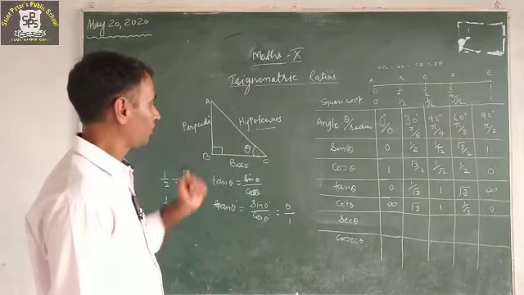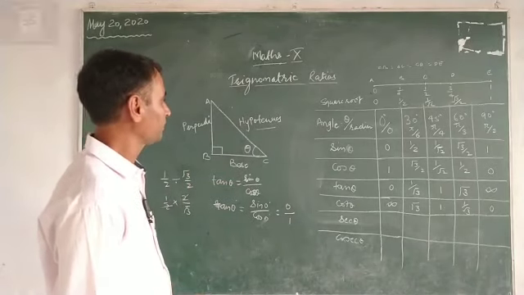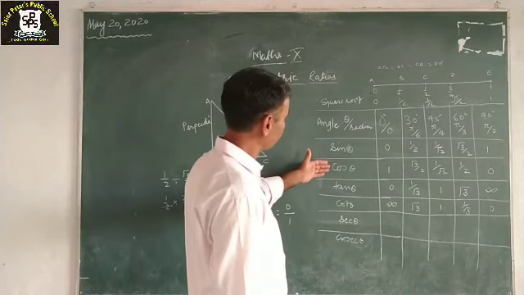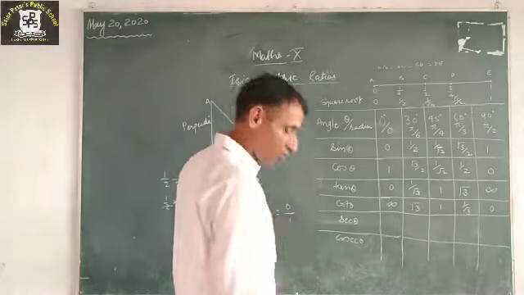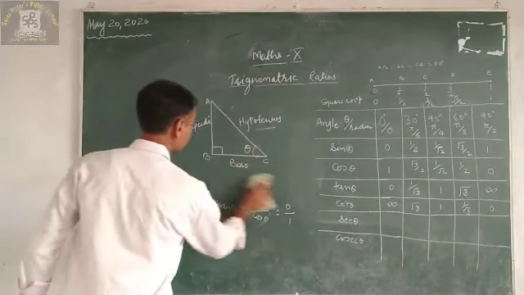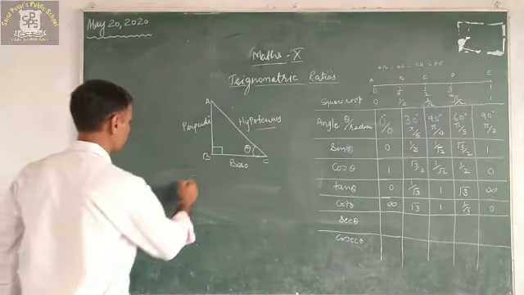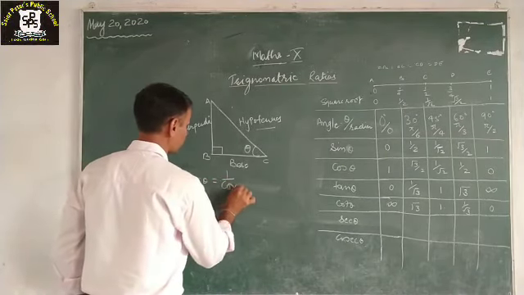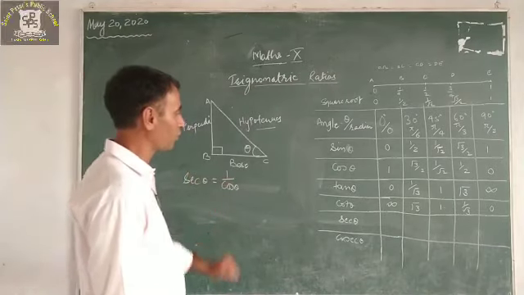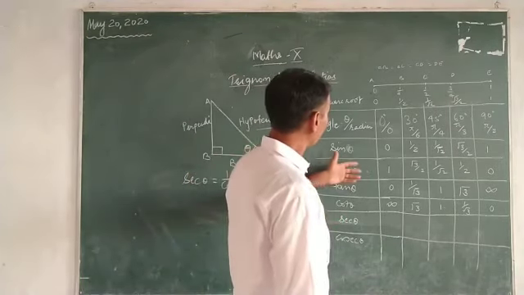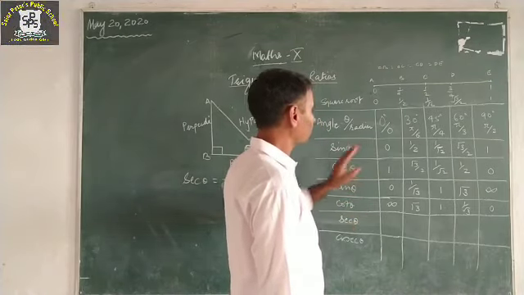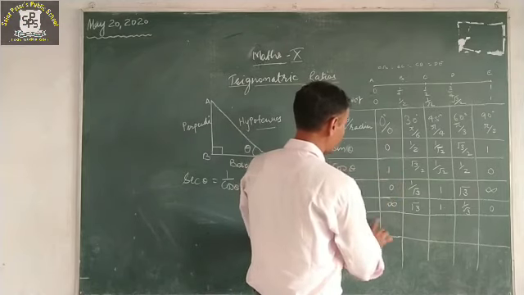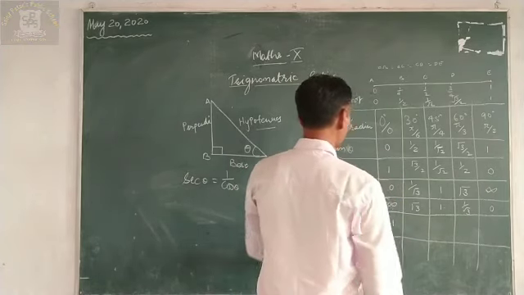Now, to find the value of sec 0 degree, as we know that sec theta is equal to the reciprocal of cos theta, we can write sec theta is equal to 1 upon cos theta. So use the values of reciprocals of cos theta. We have cos 0 degree equal to 1, so sec 0 degree will be equal to 1.